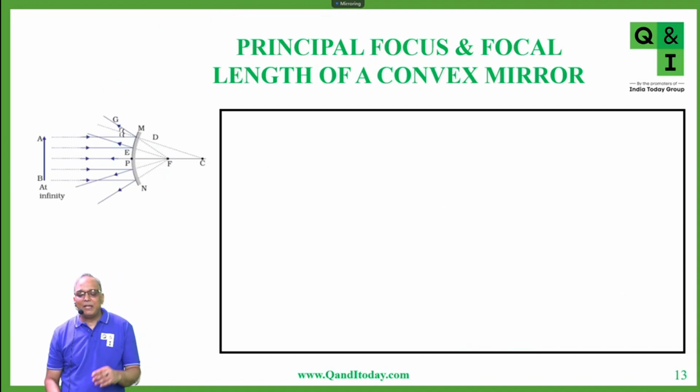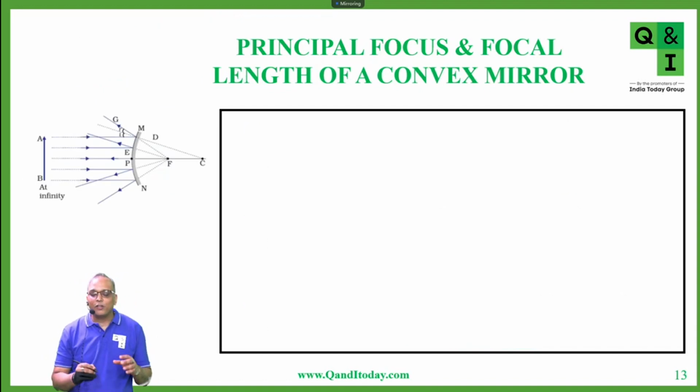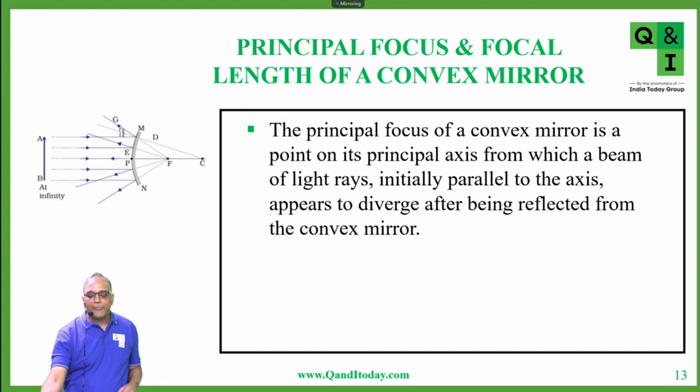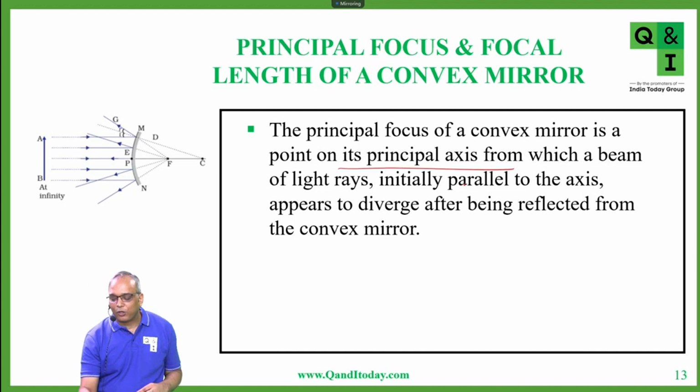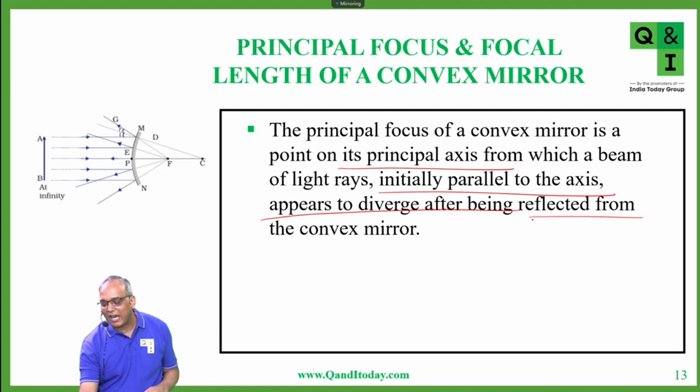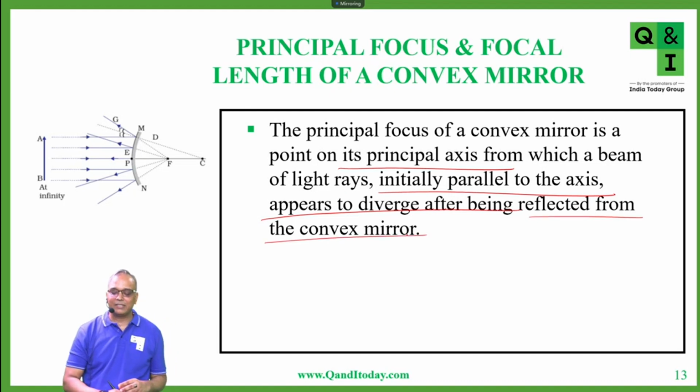Now, principal focus and focal length of a convex mirror. The principal focus of a convex mirror is a point on the principal axis from which a beam of light rays initially parallel to the axis appears to diverge after reflection from the convex mirror.